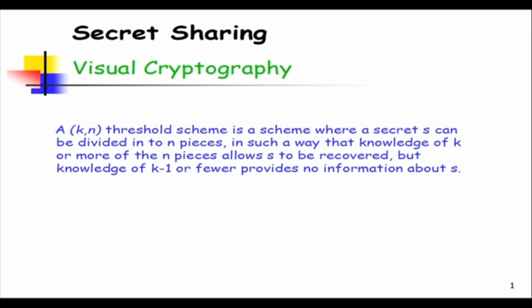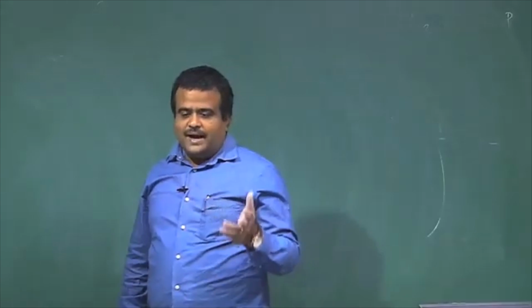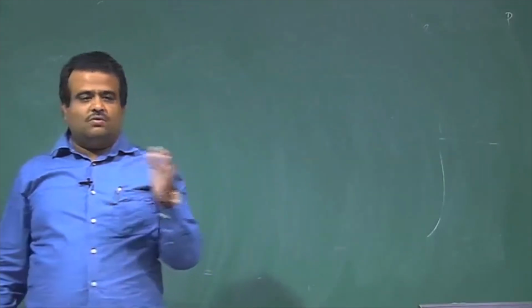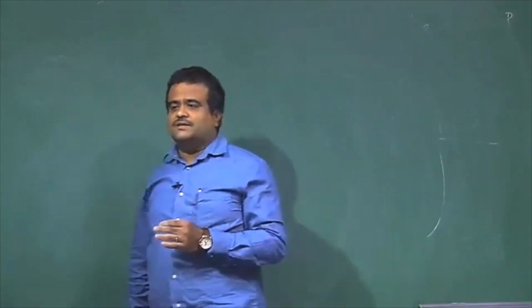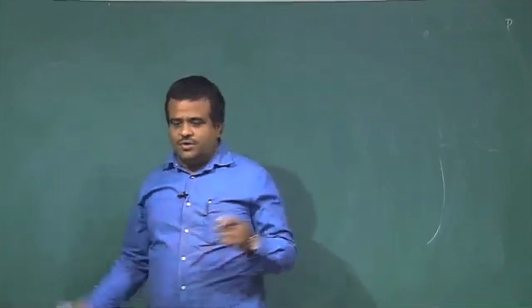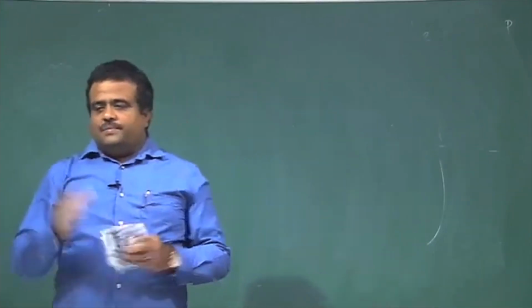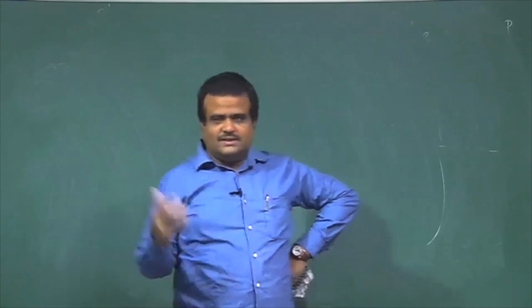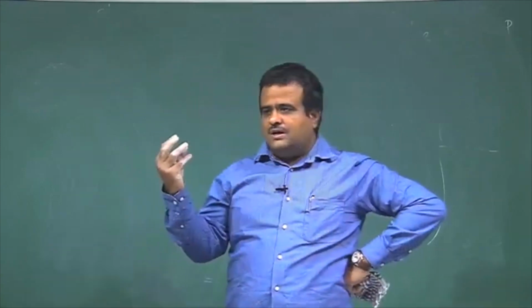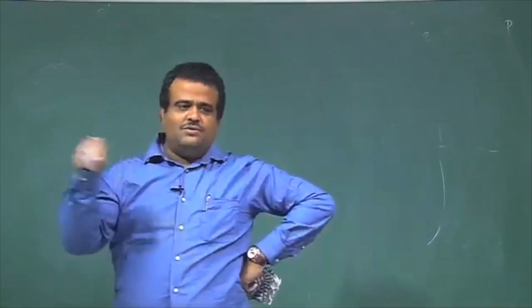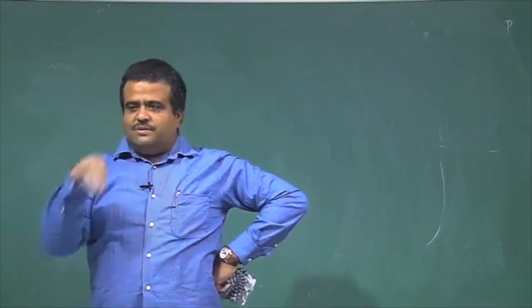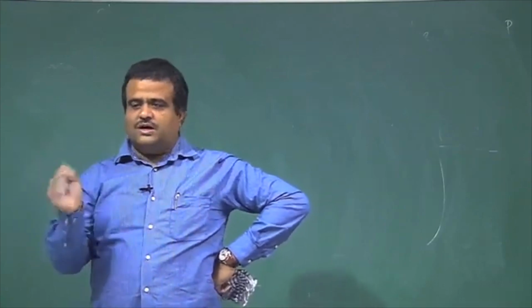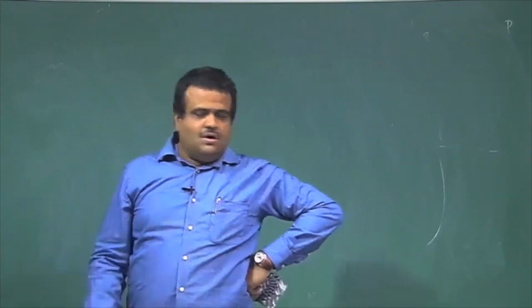Suppose we have a locker. In the bank locker, a key is with the bank manager and a key is with the user. When they meet together, they should be able to open the locker. That is the secret sharing. The locker key is the secret. We are giving the shares to the bank manager and the users. When they come together, they are able to open the locker.